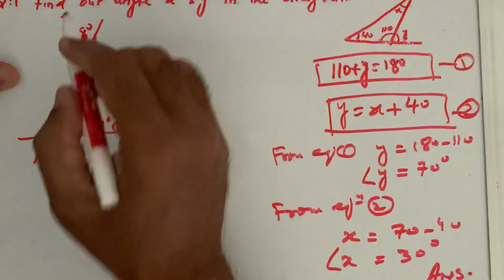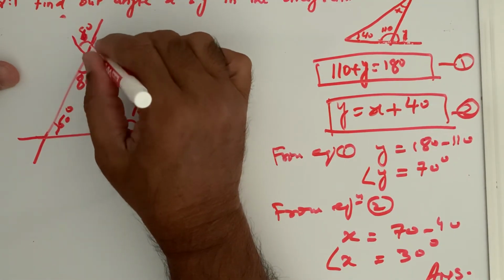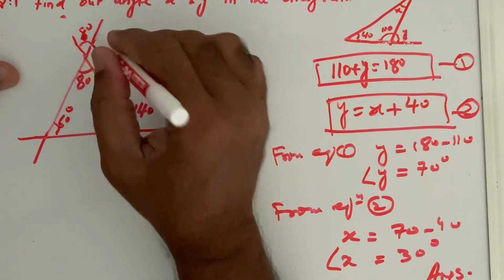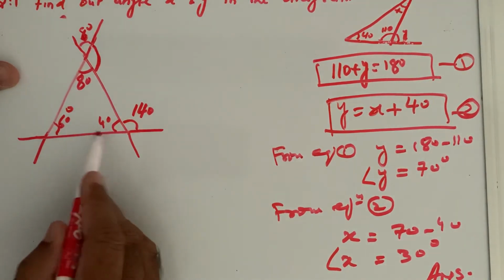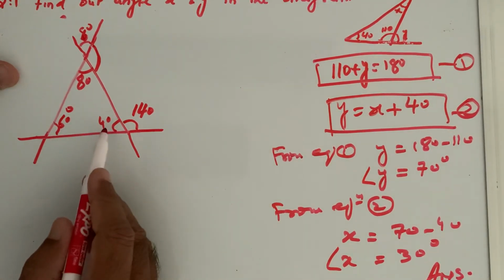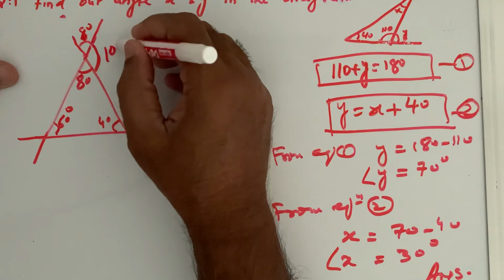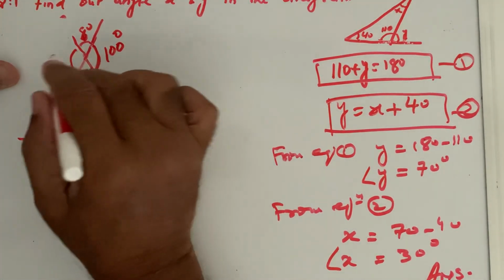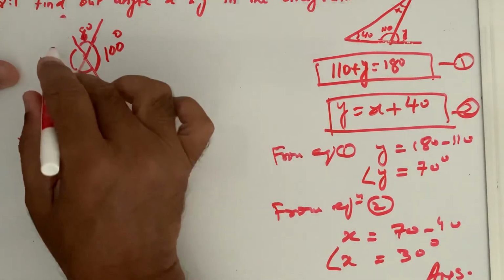What will this angle be equal to? This exterior angle will be equal to the sum of the opposite angles. So 60 plus 40 is 100. So this angle will be 100, and the opposite one will also be 100, because it is the opposite angle, right?